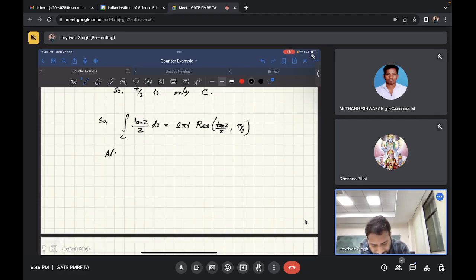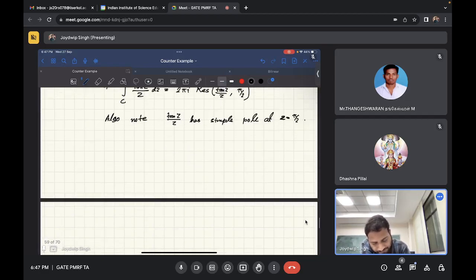Also note tan z by z has a simple pole at z equals pi by 2, because cos z has a simple zero at z equals pi by 2. This you can easily check.